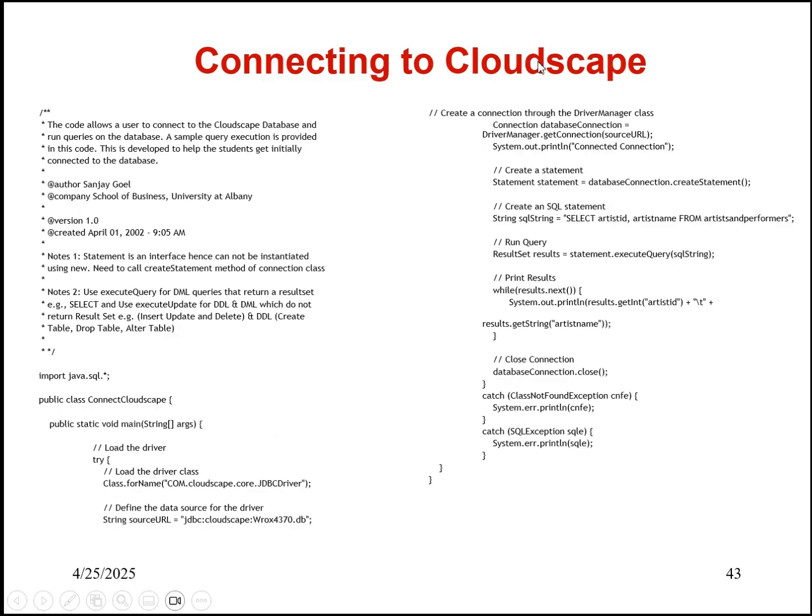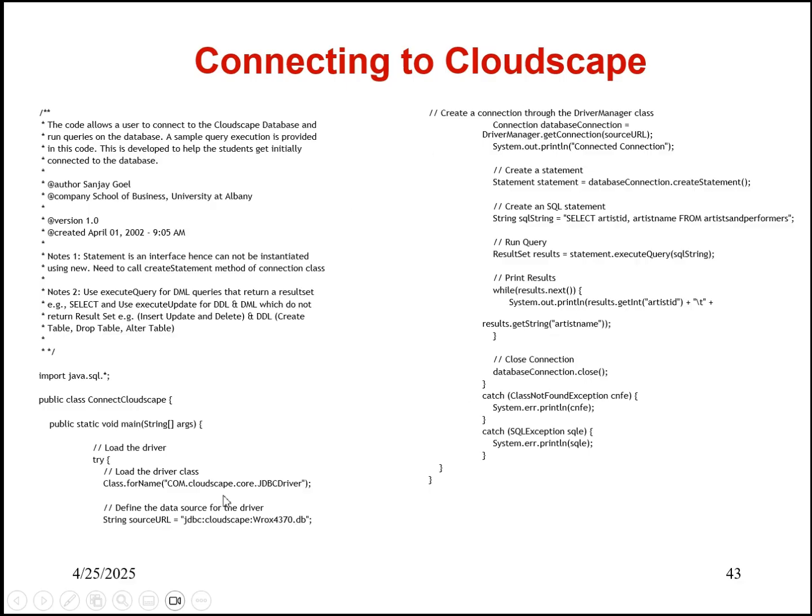Similarly, if you want to connect to databases like Cloudscape, then you can use the driver related to Cloudscape, that is com.cloudscape.core.JDBCDriver. This is the driver for Cloudscape, and then you can mention your required URL for the database. So jdbc:cloudscape, because the vendor of the database is Cloudscape, and rocks4370 is the database name.